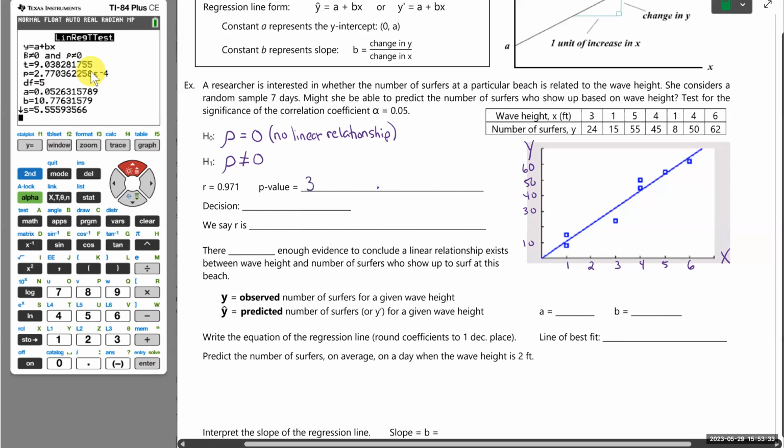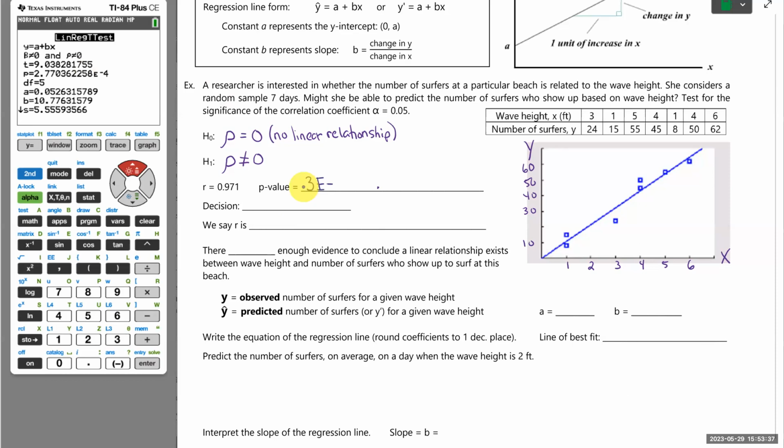So in the notes here, I'm just going to write down 3 E-4. I would move the decimal to the left 4 places, and that will give me 0.0003.